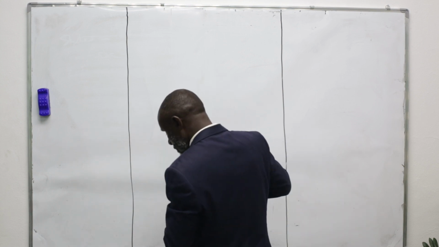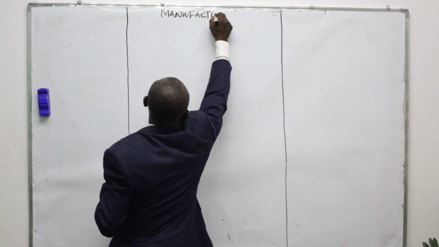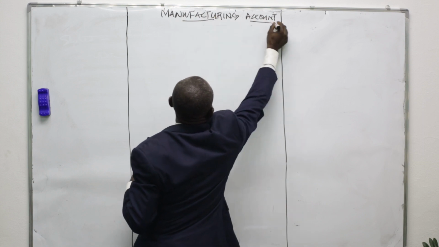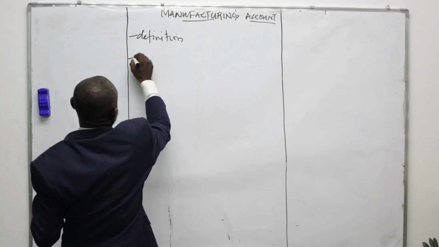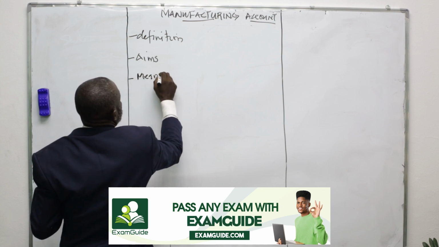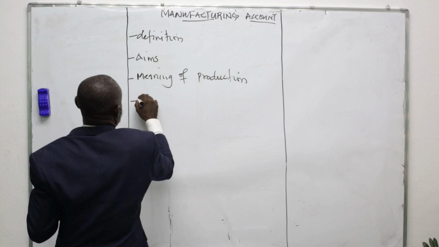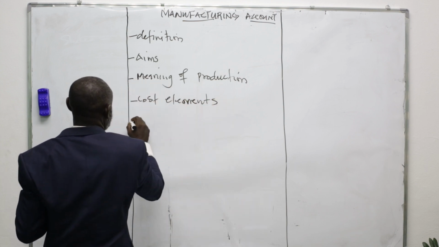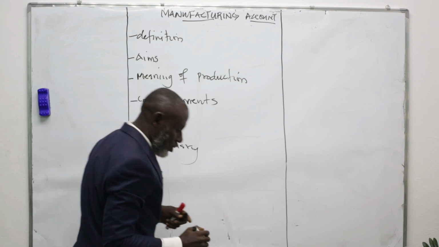In looking at the manufacturing accounts, we'll be looking at the definition, aims, meaning of production, costs, elements, then format before summary.